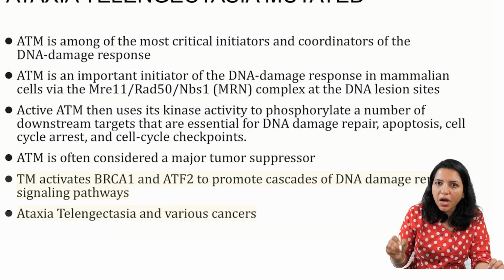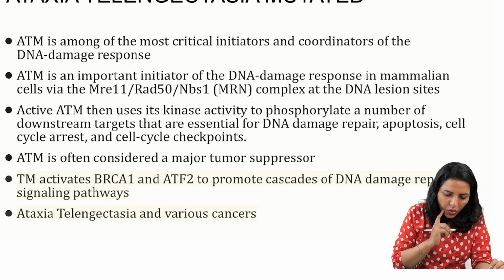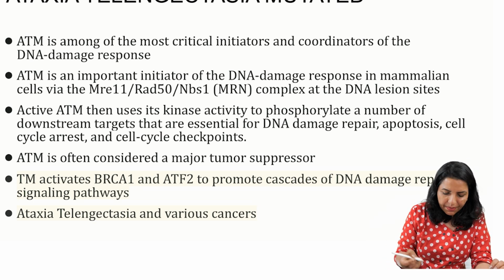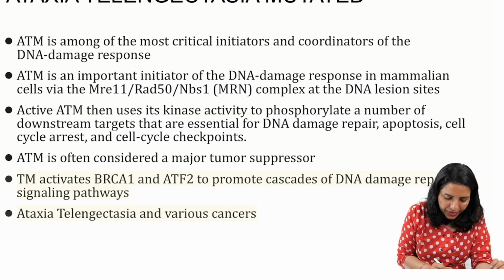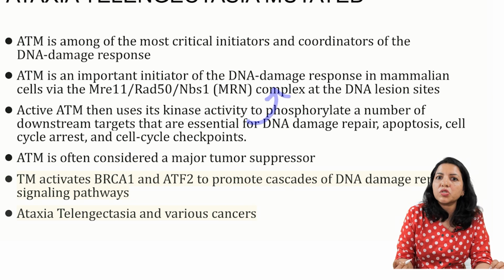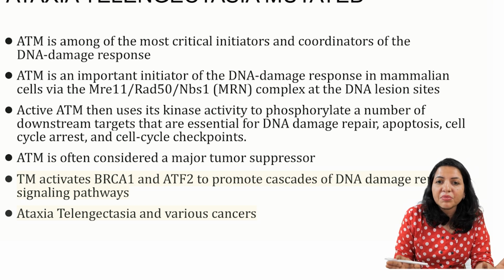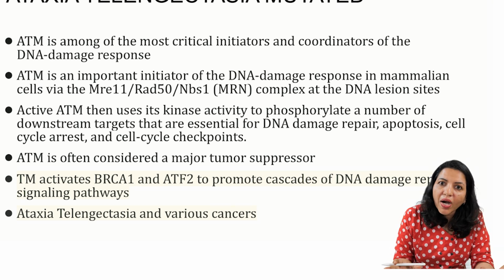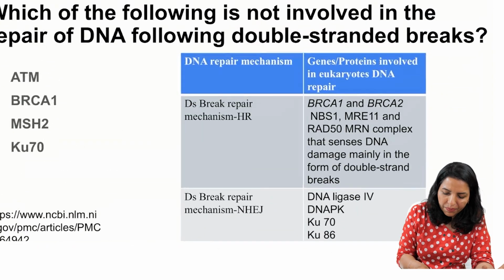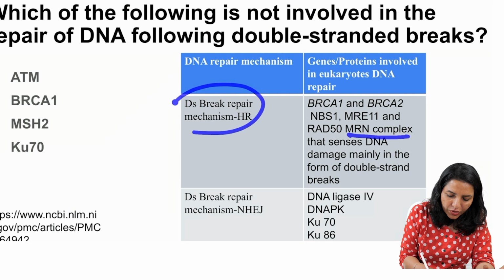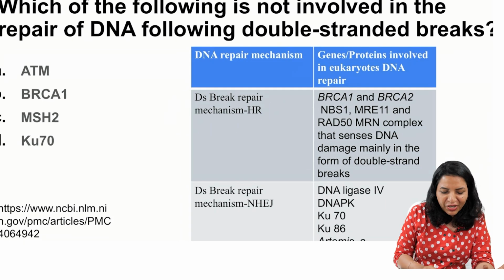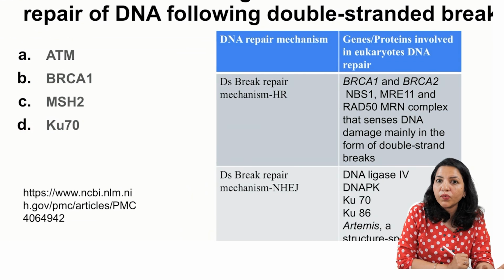In order to activate this MRN, what is required? This ATM. Active ATM uses its kinase activity to activate this very important complex called the MRN complex, which means that ATM is invariably required for the MRN complex that is required for double strand break repair mechanism, which means ATM is also involved here.